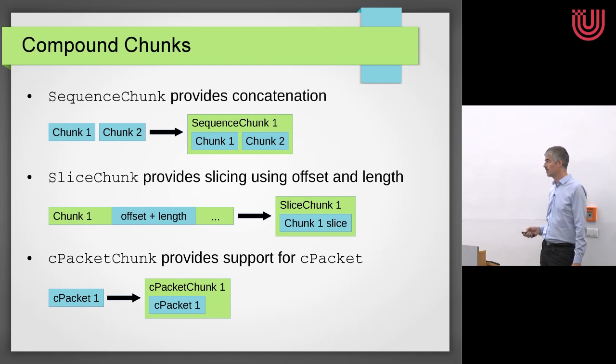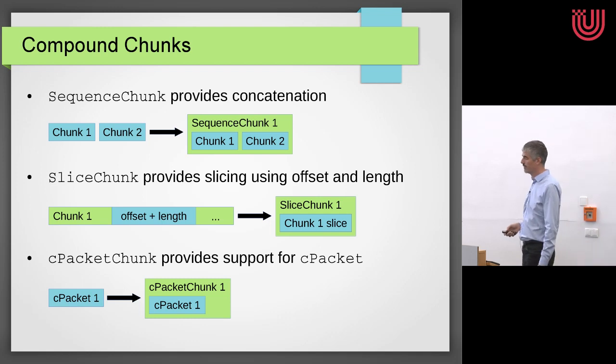You have a chunk, you give 2 parameters, and wrap it in, and then this is a slice of the original chunk 1. And then for backward compatibility, we need a C-packet chunk, which allows us to be compatible with protocols which still use the C-packet API. So we support backward compatibility completely.